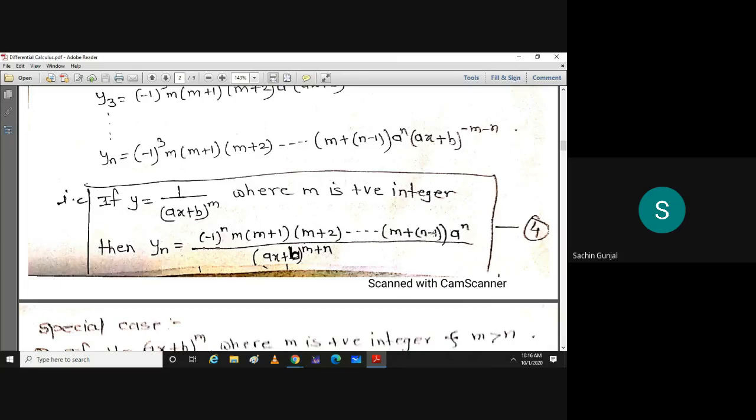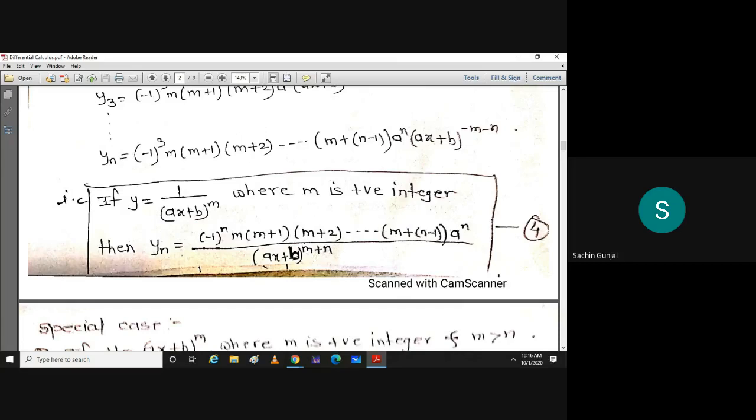This 1 and minus 1 will get cancelled. You will have n, so 1 into 2 into 3 up to n will become n factorial. So minus 1 raised to n into n factorial into a raised to n upon ax plus b raised to n plus 1.